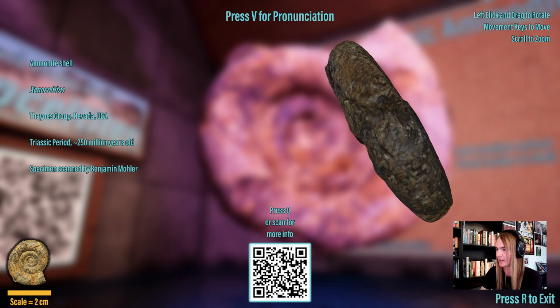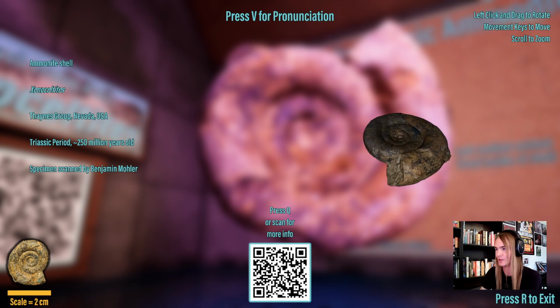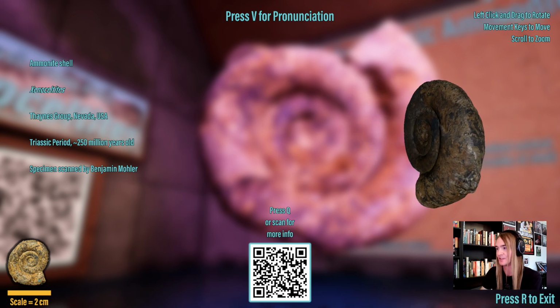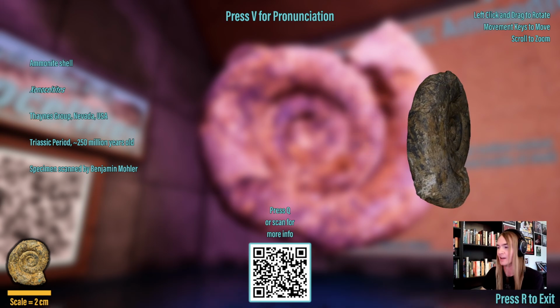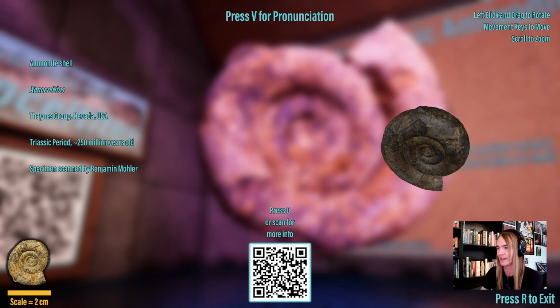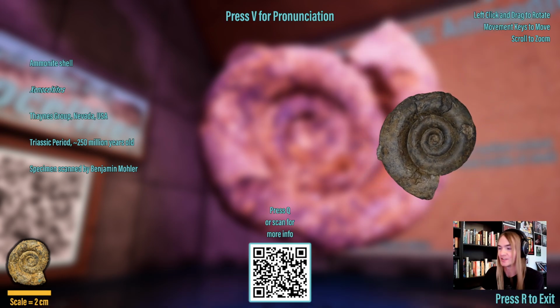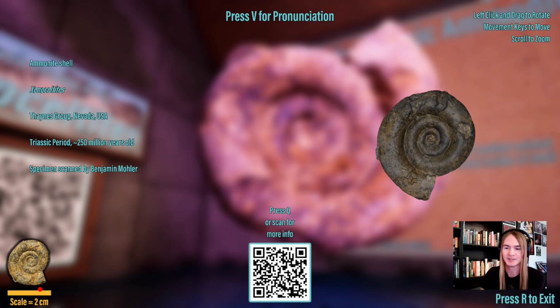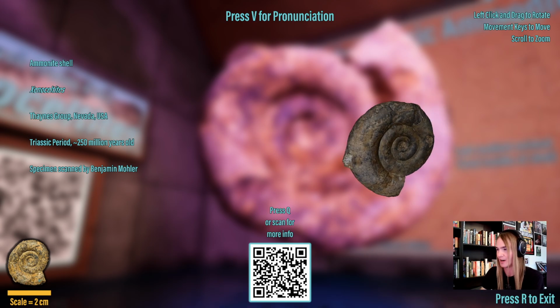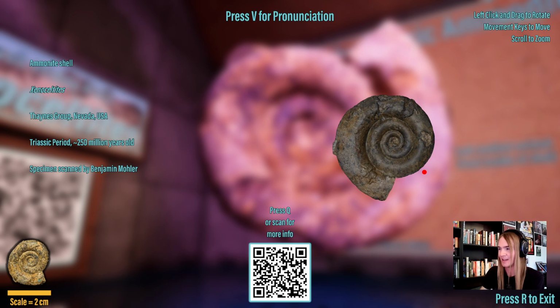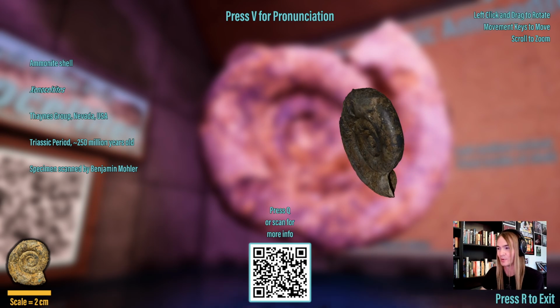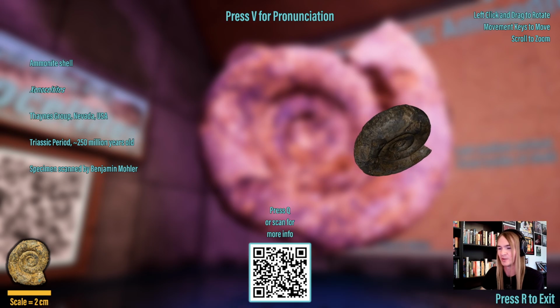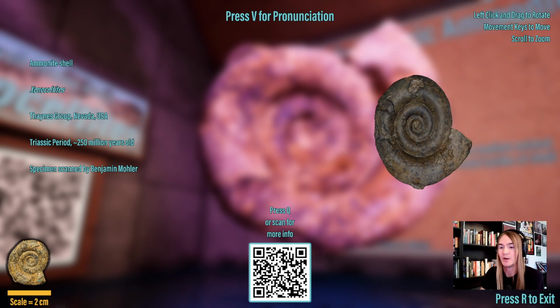So if you really want to get a close look at this 3D model, again, this is a 3D scan. It's not perfect, but for the purposes of an educational game, I think it's pretty good considering how small this fossil is. Down here in the bottom left, you can see the shell across. When you lay it this way, it's only about 2 centimeters. So this is a pretty small object that I was able to 3D scan, and that's pretty cool.